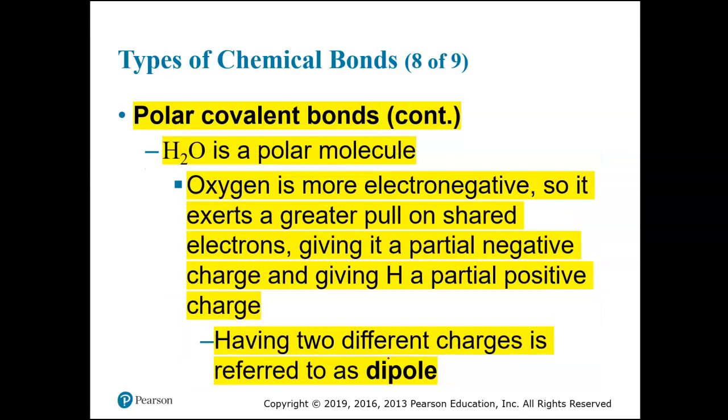So one example of a polar covalent bond is the bonds between oxygen and 2 hydrogen atoms to form water. That makes water a polar covalent molecule. The atom that is electronegative is oxygen, because it's a larger atom, so it has a greater, stronger pull on the shared electrons.